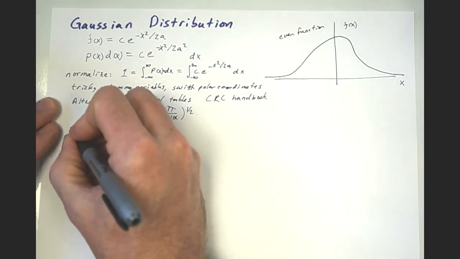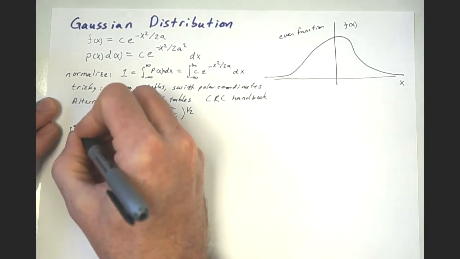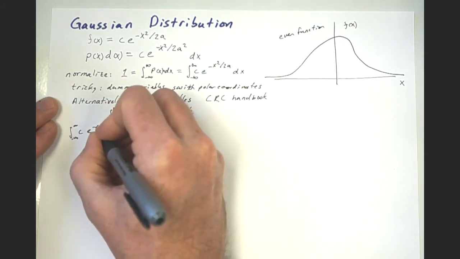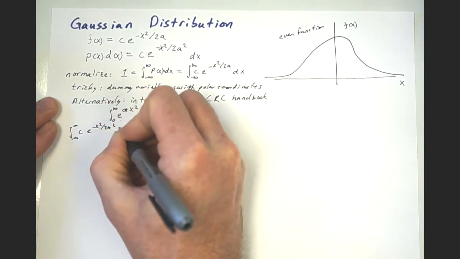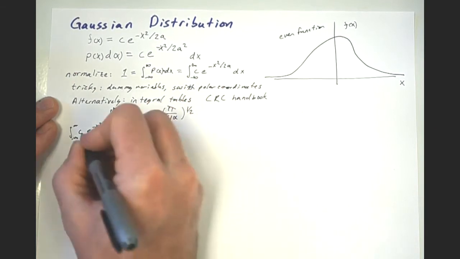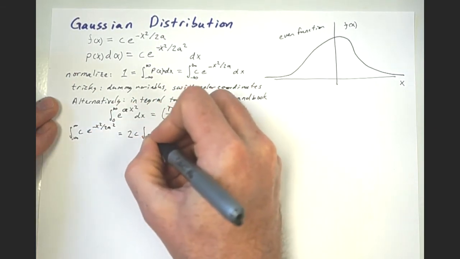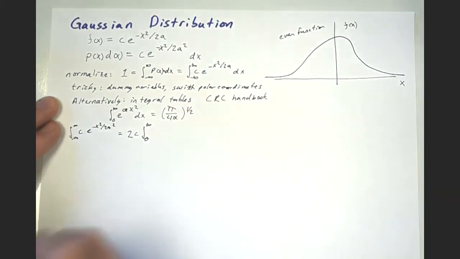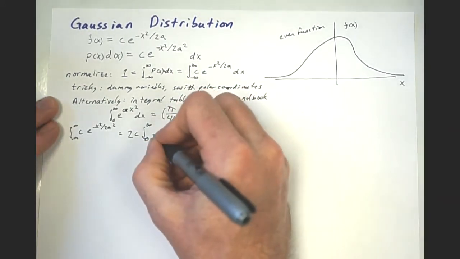So we can rewrite our integral over that full space as 2, and we'll pull out this constant c, times the integral of just half of that space.